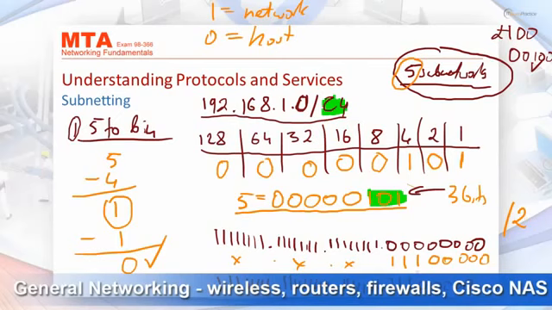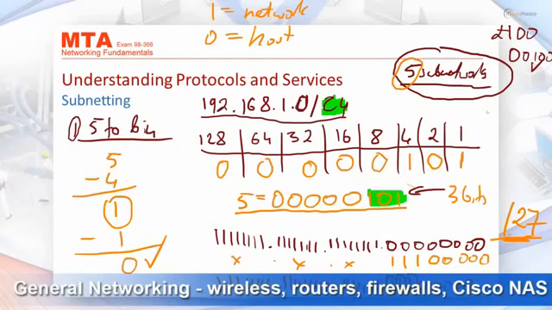You have to count all ones, so it's 24, 25, 26, 27. Okay, our new subnet mask is /27.